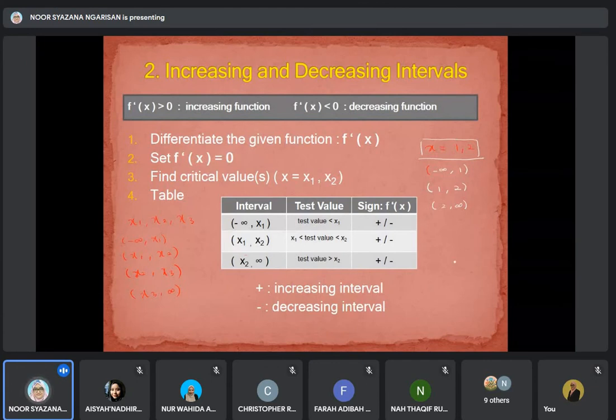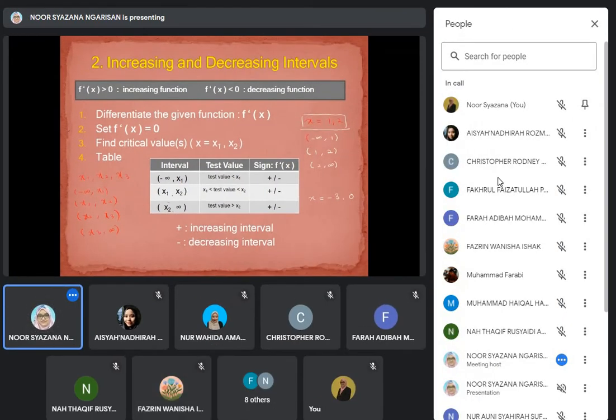Right, so should we try one more? Let's say our critical values are x equal negative 3 and 0. Alright, let me call your name. Fakrul, what is the first interval? Negative infinity to negative 3. Alright, very good. Next, Farjin Wanisha.